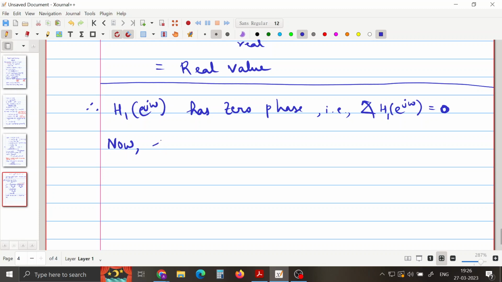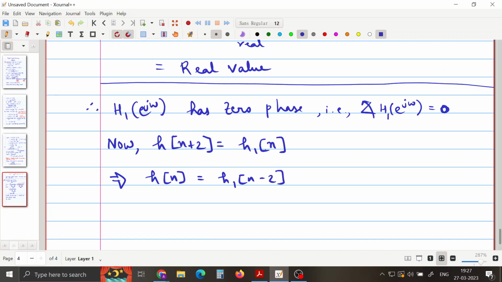So now, initially, remember, we assumed that we shifted the original impulse response by 2 samples to the left and got our h1 of n. This was our initial assumption, right? Now if this is true, then this is also true.